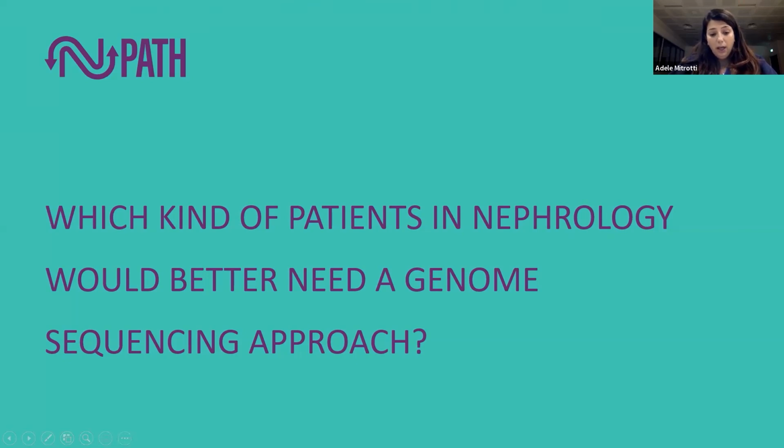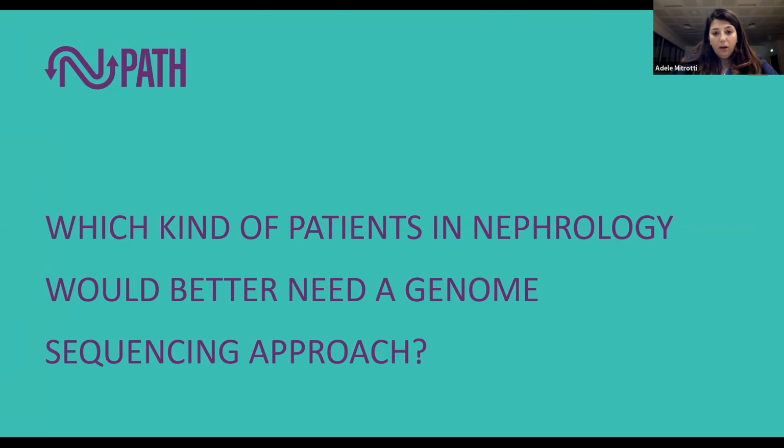For example, I worked on very large cohorts of patients with the same disease, for example 350 patients with nephrotic syndrome that we needed to compare with a very large number of controls.